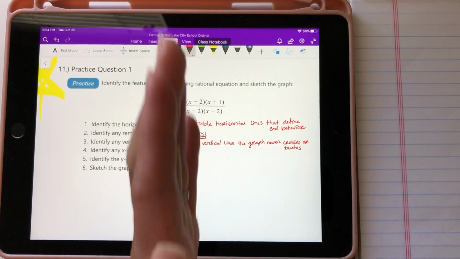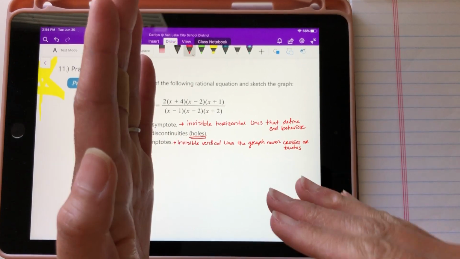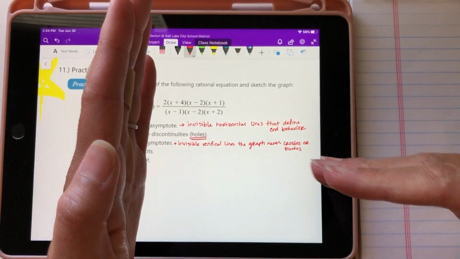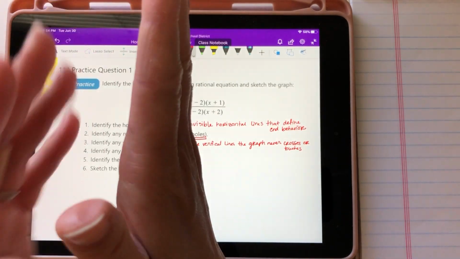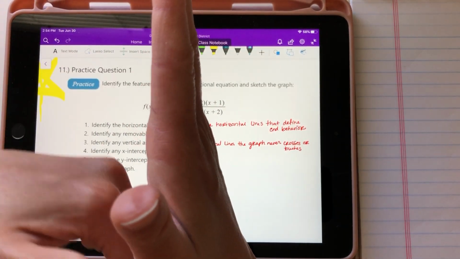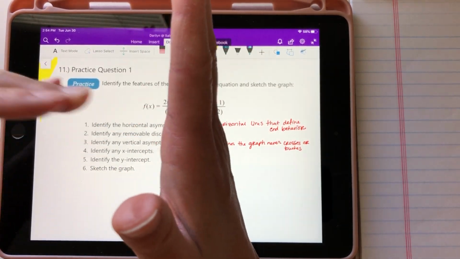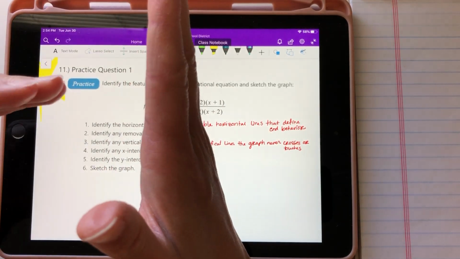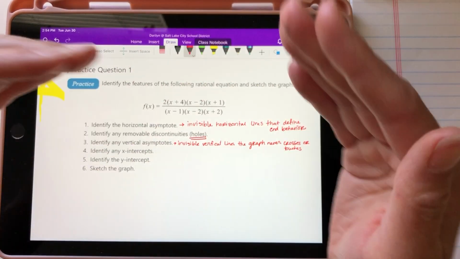I can't spell, don't worry about it. So vertical asymptotes are vertical lines on the graph where as the graph approaches it, it either blows up or it blows down on both sides. So blow up or blow down. The graph will never cross it. It'll never touch it. As it gets closer, it either veers up or it veers down on both sides.